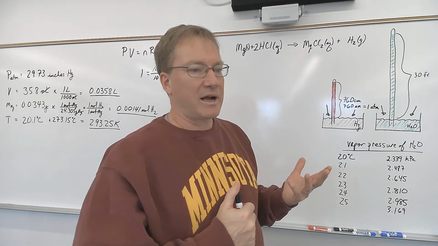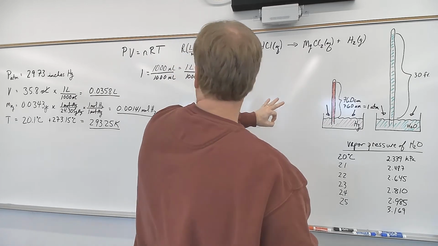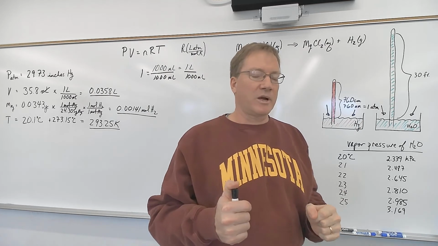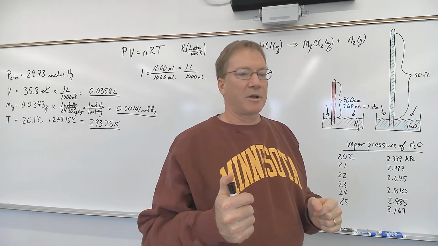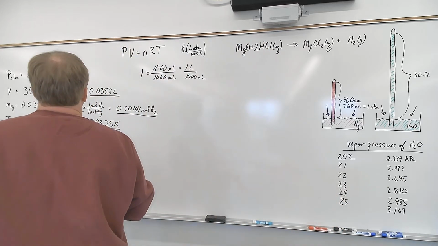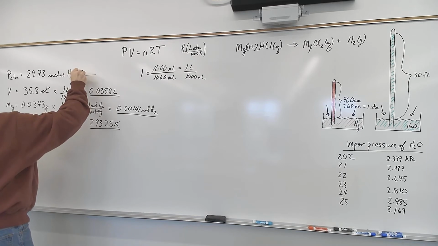Now there's another component to this, which is tricky. Actually, let me do that first calculation. I have 29.73 inches of mercury, and I'm going to need to convert inches into millimeters. In order to do that, I know one conversion that says 2.54 centimeters is equal to 1 inch.